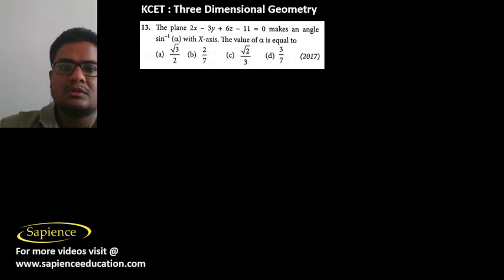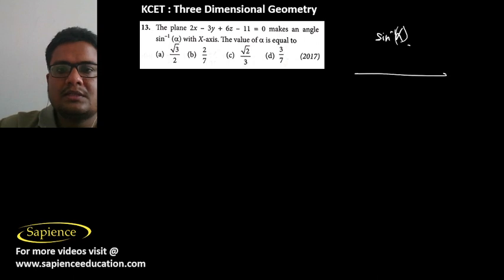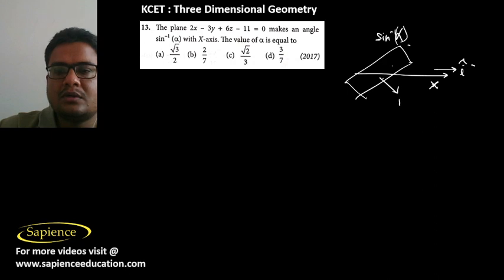So here in question number 13, it is told the plane makes an angle sine inverse alpha with the x-axis. So the unit vector along the x-axis is i cap, and here is the plane, suppose. The normal vector to the plane is suppose n vector, that will be given as 2 i cap minus 3 j cap plus 6 k cap.